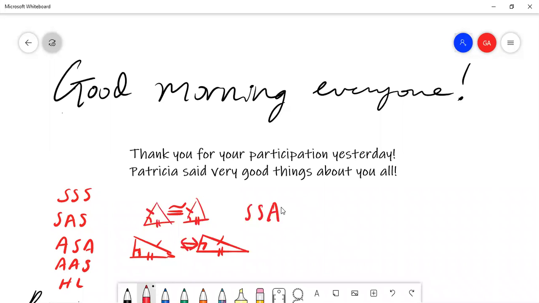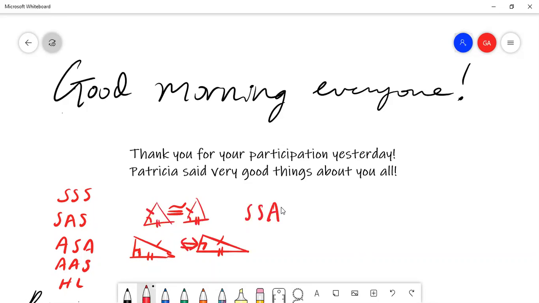Let's see if I can think of one. I'm actually looking through my notes here. I've taken some notes. If you want to see a counterexample of why SSA doesn't work, I feel like I should give it to you because we haven't really proved to you that these things determine unique triangles.